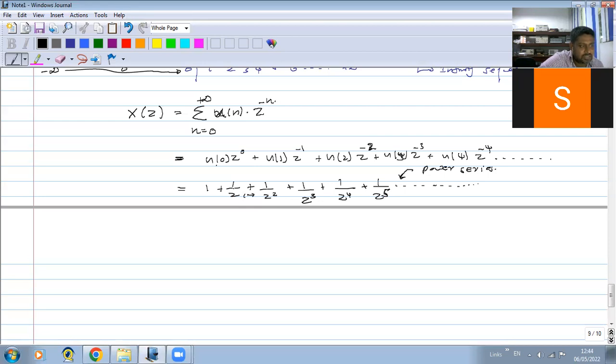If you multiply the previous term by 1 by z, you will get the next term. For example, if you multiply 1 by z square by 1 by z, you get the next term. I am not sure, so you can refer to your notes, or you can refer to the internet.